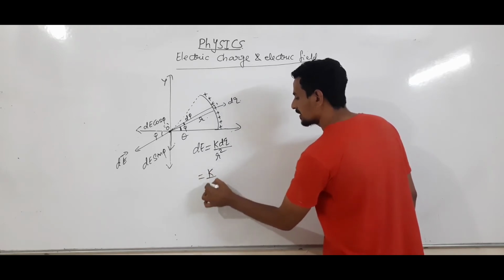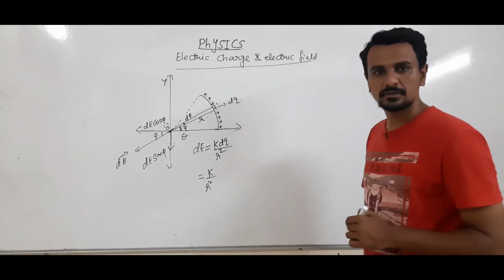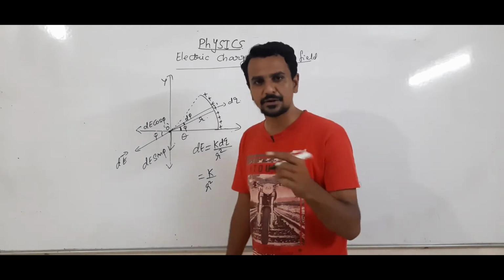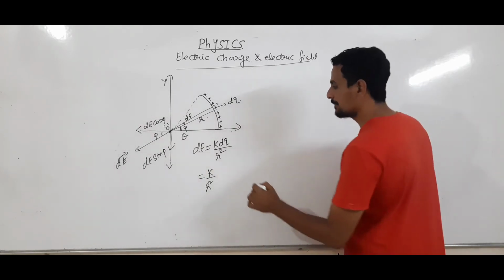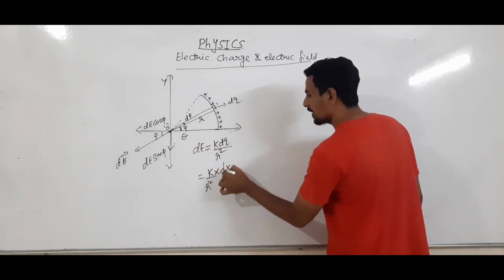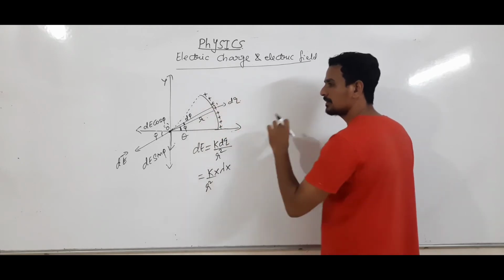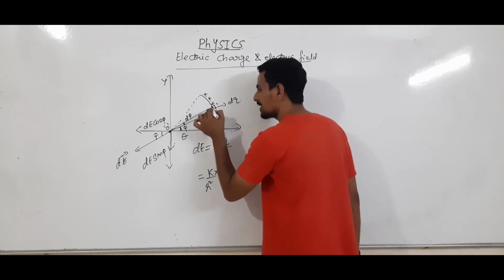Now dq can be written as lambda into dl. What is dl? dl is this length of the arc, this small part of the arc.